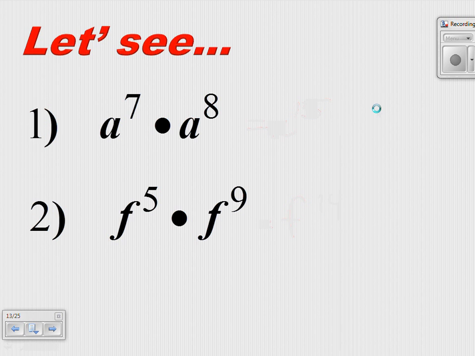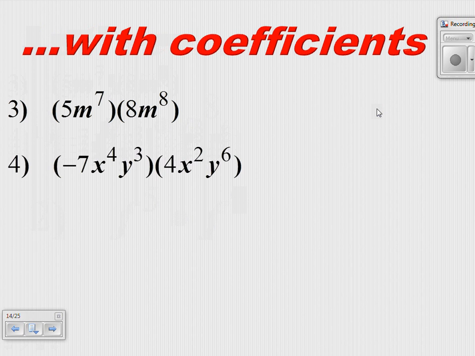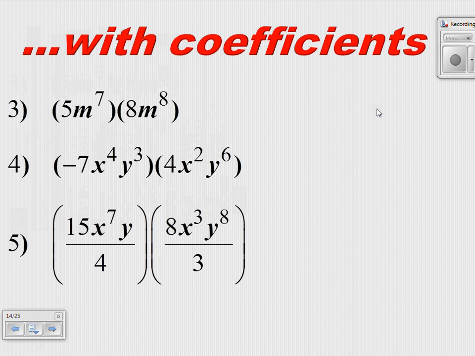Now let's go to the next set of problems, 3, 4, and 5. When we have coefficients involved, it's a little different. You still add your exponents, but the coefficients are different. Number 3 is 5m to the 7th times 8m to the 8th.